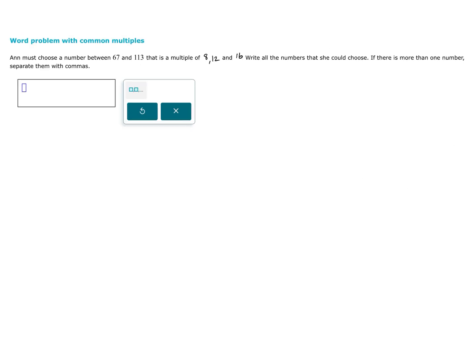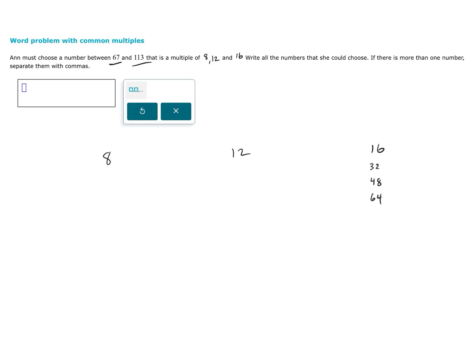And one more problem, we have the same thing, but this time our numbers are 8, 12, and 16. And this time our range is between 67 and 113. Now I don't really know my multiples of 16, so I may just go ahead and start with ones that I know: 16, 32, 48, 64.